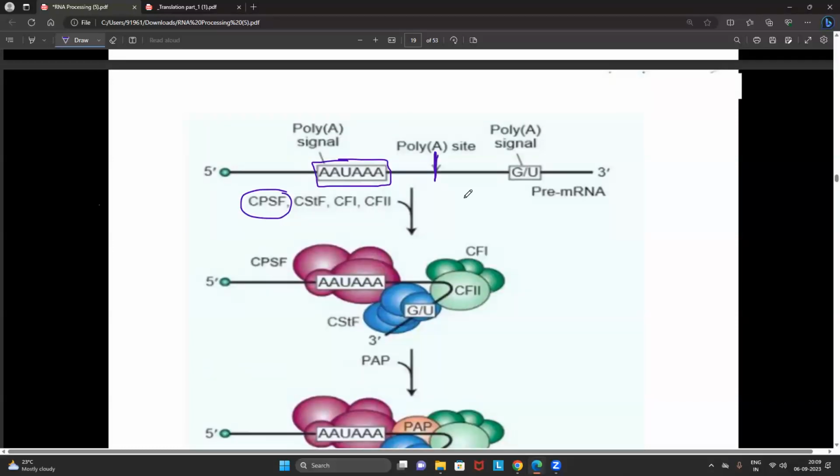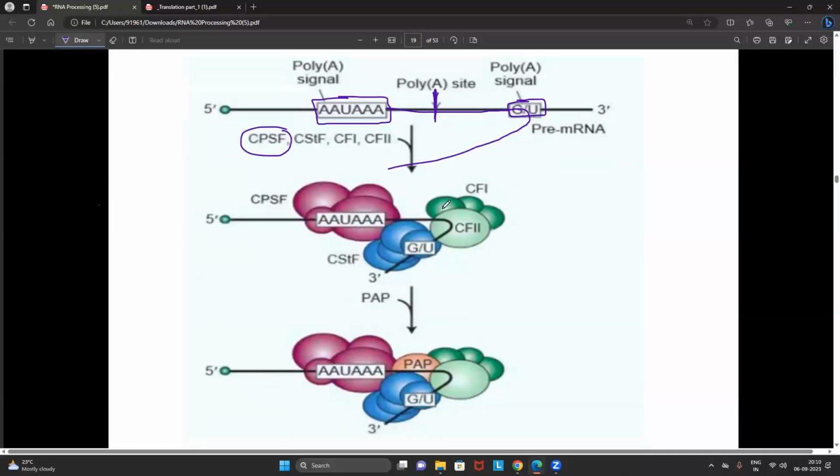The blue color CSTF attaches exactly at the GU rich region. Now you know what happens. Whenever the CSTF attaches, all the students listen, CSTF will bend the mRNA in such a way that it bends towards the poly A region. You can see that.